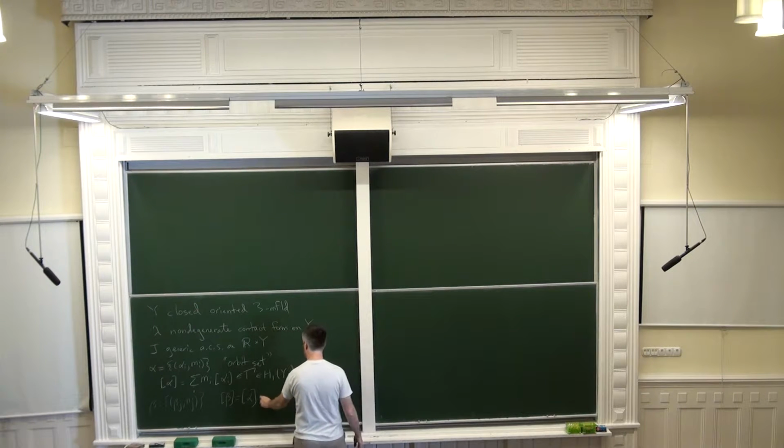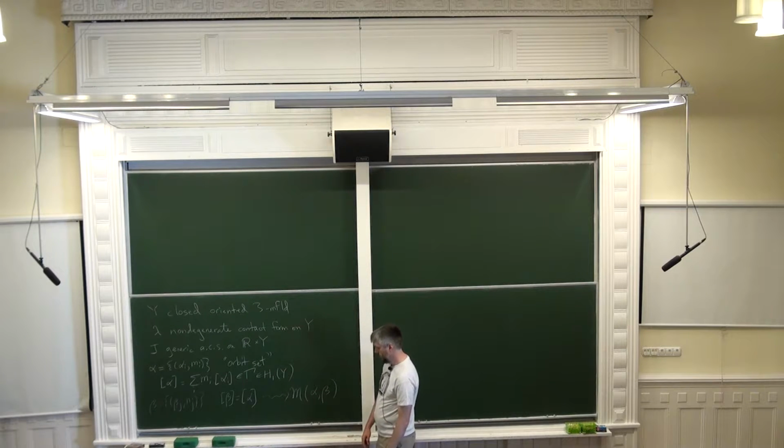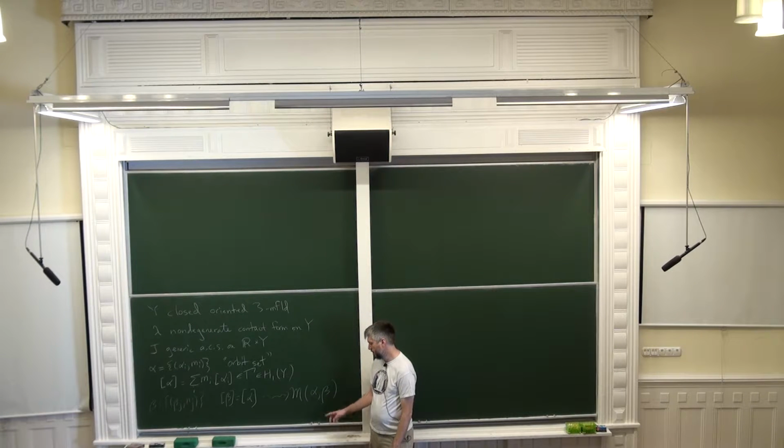Then I define this moduli space of holomorphic curves from α to β. This is the moduli space of holomorphic curves in R × Y with positive ends at covers of the α_i's, total multiplicity m_i, and negative ends at covers of the β_j's, total multiplicity n_j.